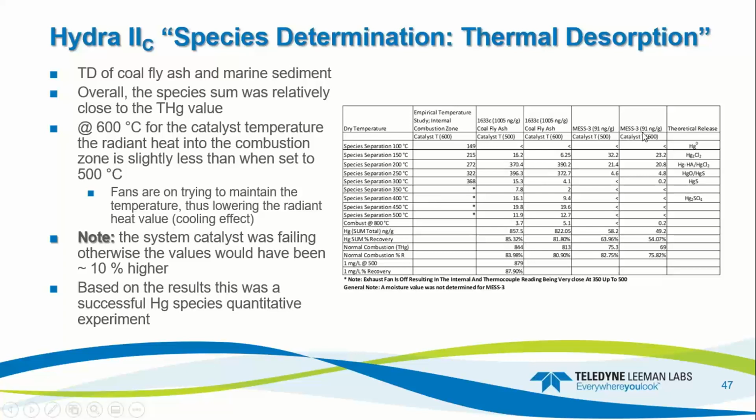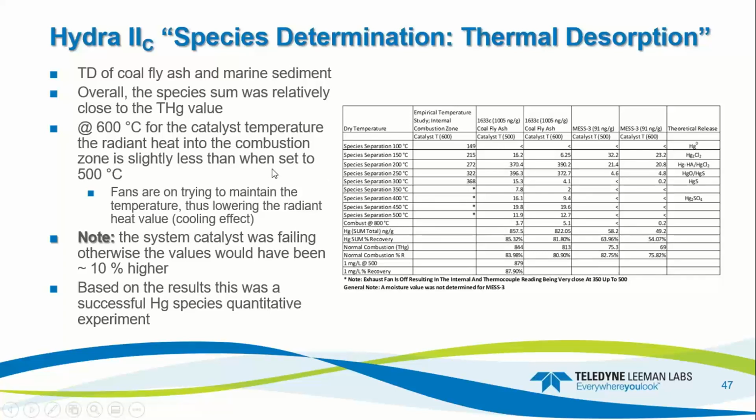MESS-3 and our same coal fly ash of 1005 nanograms per gram. So overall, the species sum was relatively close to the total mercury value of this run. 600 degrees temperature for the catalyst.